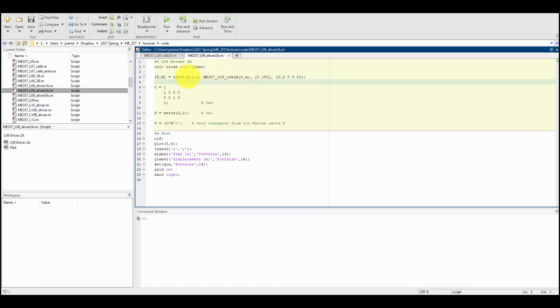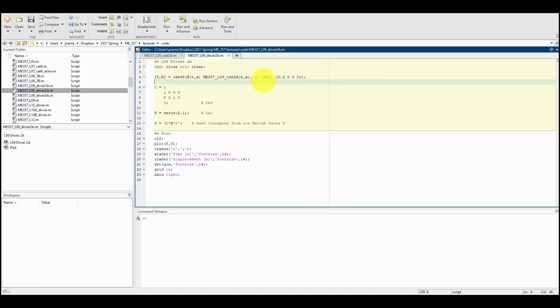Again, I'm going to tell ODE45 that the time is going to be called t and the state is going to be called x, and that matches what I am calling those arguments in my state equation file. In this example, I am going to run it from 0 seconds to 150 seconds. We'll see that, at least for our first examples, that will give us enough time to see anything interesting happening.